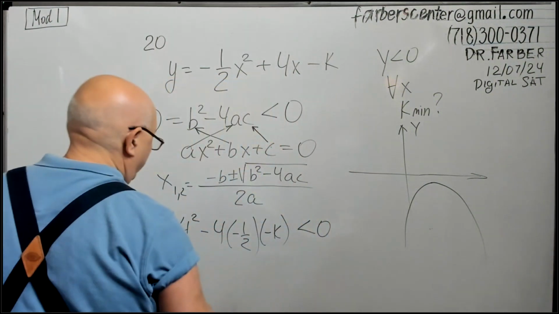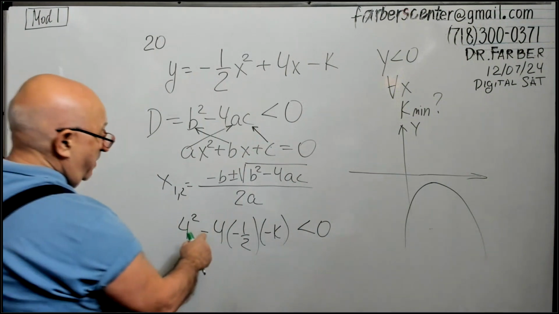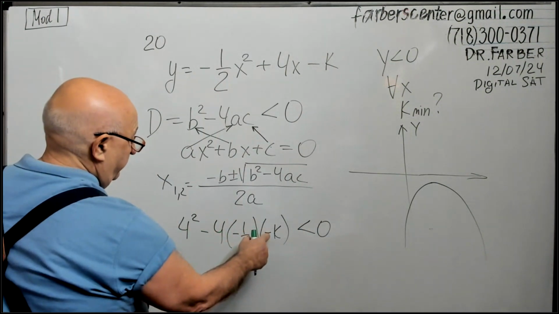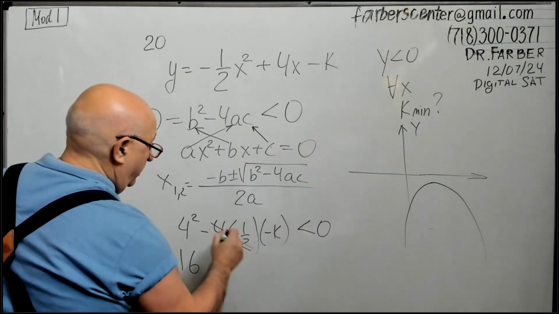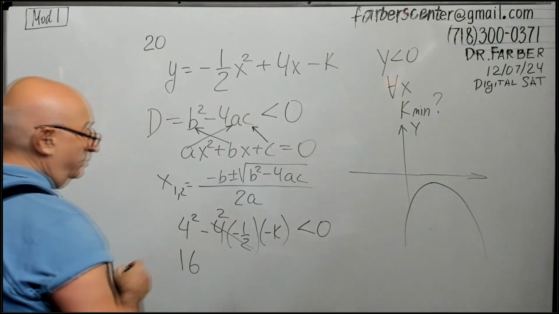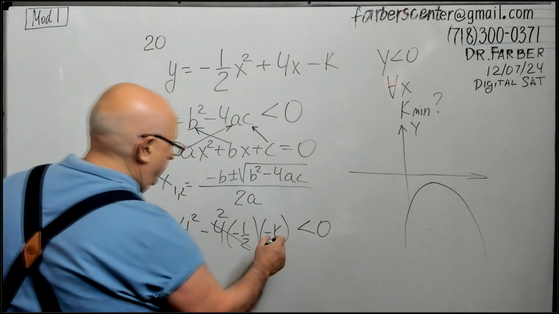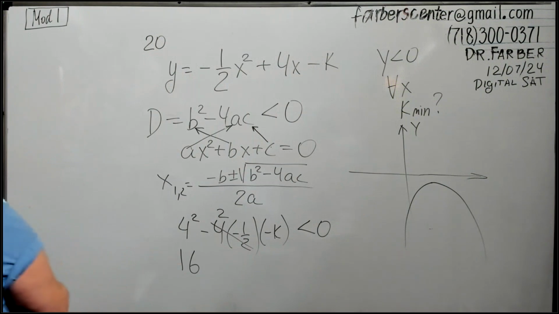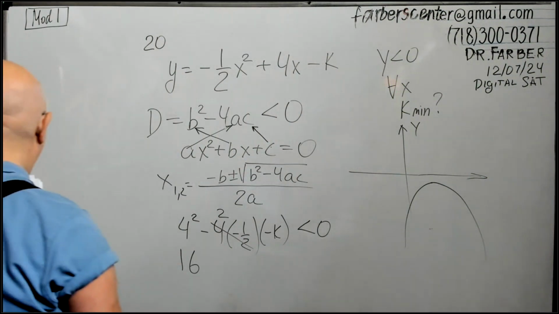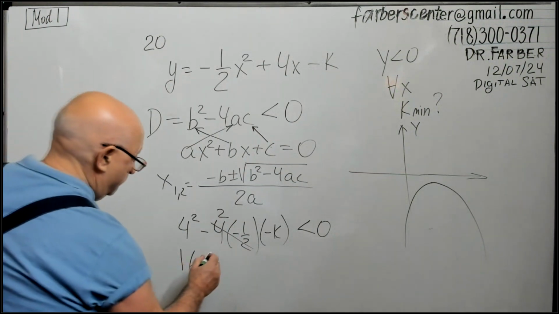Minus is minus, it's 16. This is 2, and this is k. 16 minus 2k, they ask you, right? This is number 20. They ask you this one.